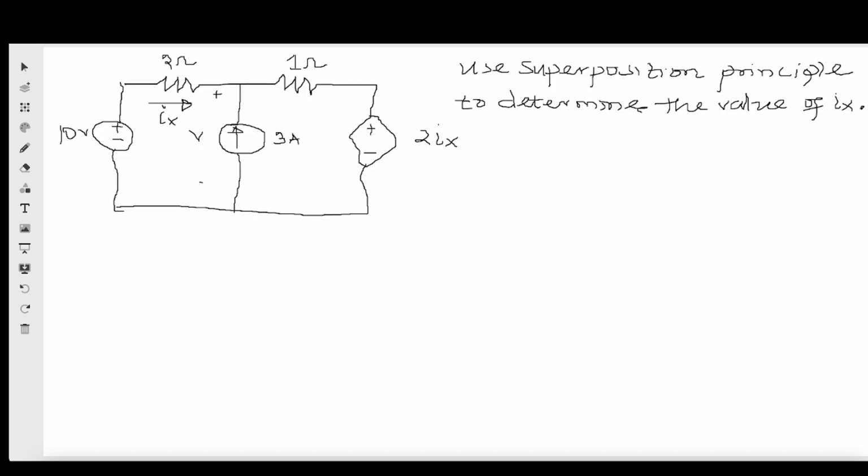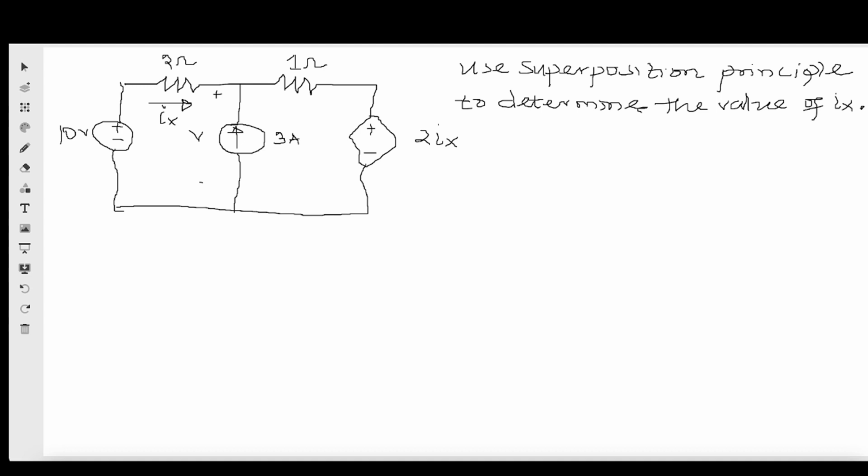This is the second example that I will use to explain the superposition principle. So how many sources do we have in this circuit? We have 3: 2 independent sources and 1 dependent source. But don't forget, our principle of superposition states that we only take care of independent sources.